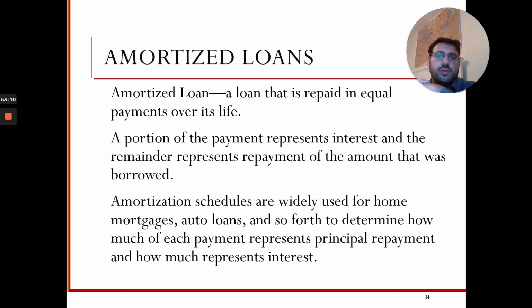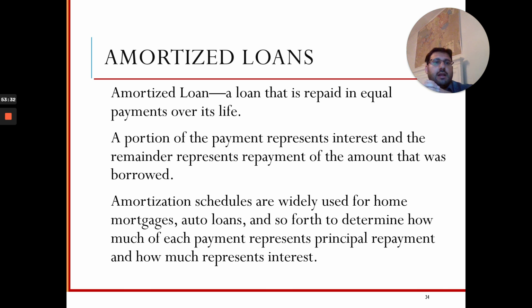Now let's move to the amortized loan. What are amortized loans? Amortized loans are like house loans or car financing loans, auto loans, where you have to pay back those loans over the life of the loan in equal amounts over a fixed interval of time.